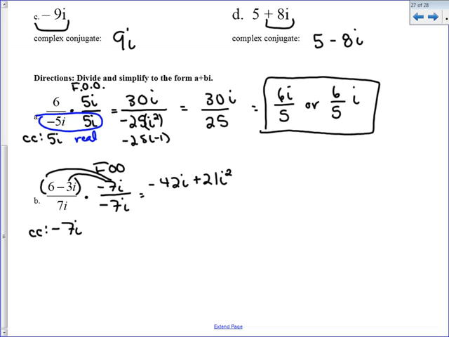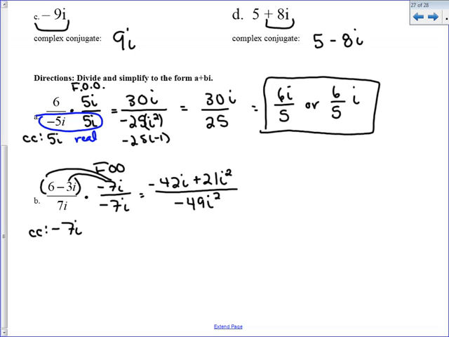And then my denominator is 7i times negative 7i. Negative 49i squared. So we've got some cleaning up to do here. First thing I would recommend when you're simplifying is replace all of your i squareds.